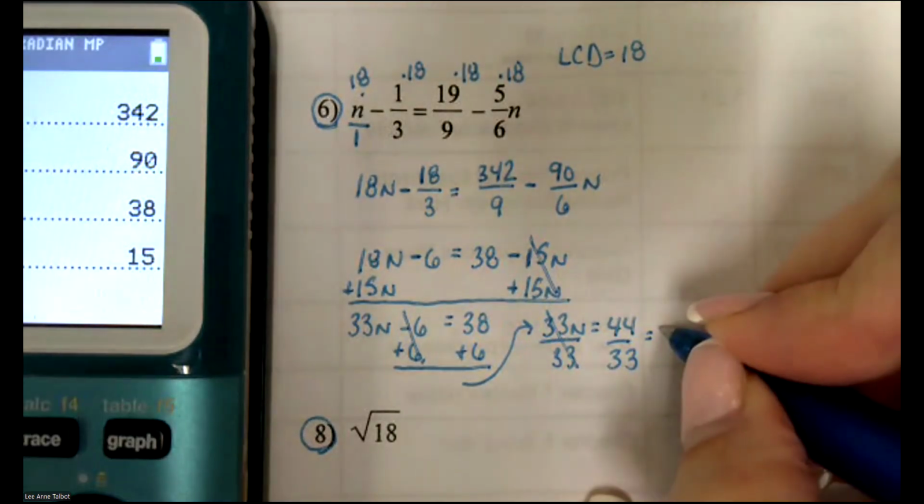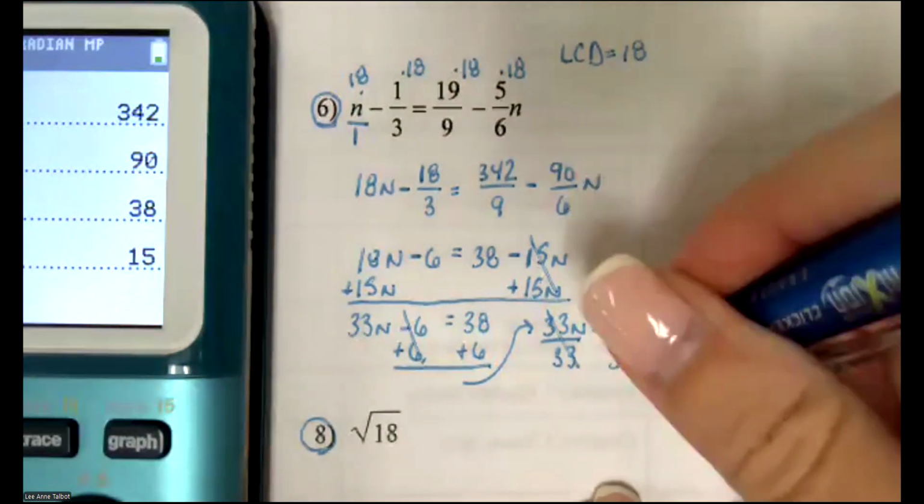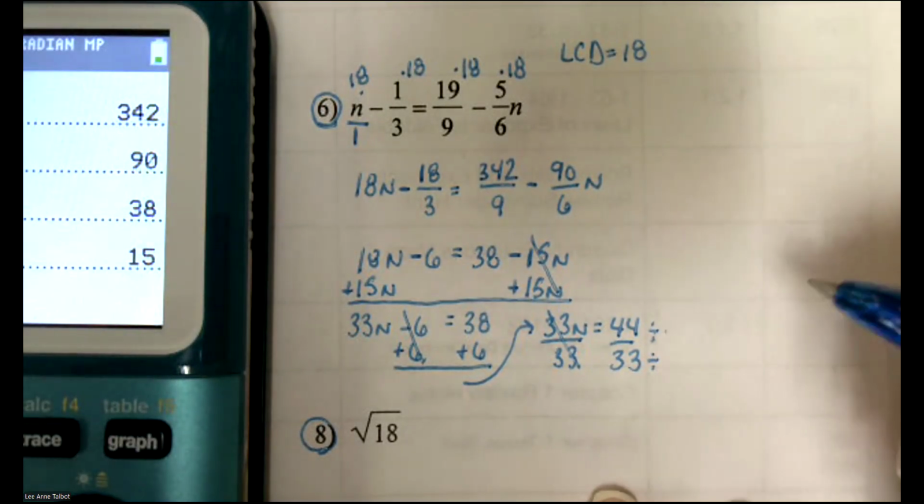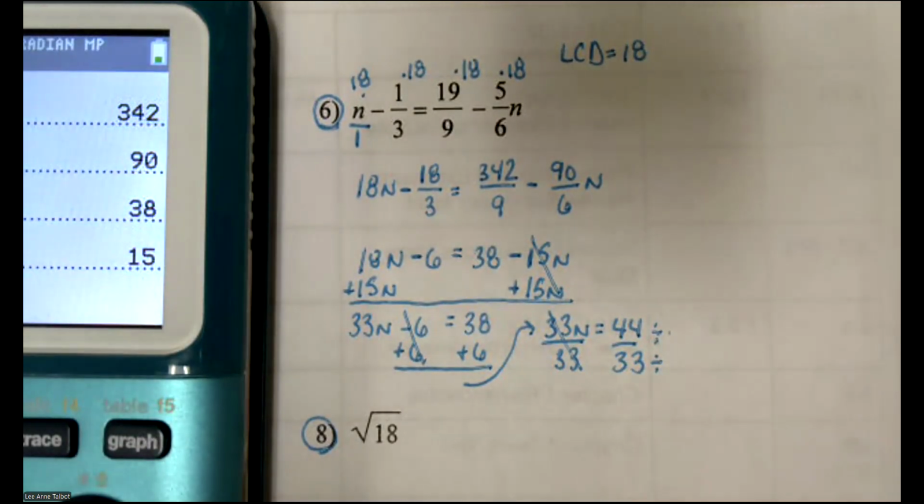Yeah. And I'm going to show you the first graphing calculator trick today. So if you don't have one, get one from underneath the window over there or get yours out.